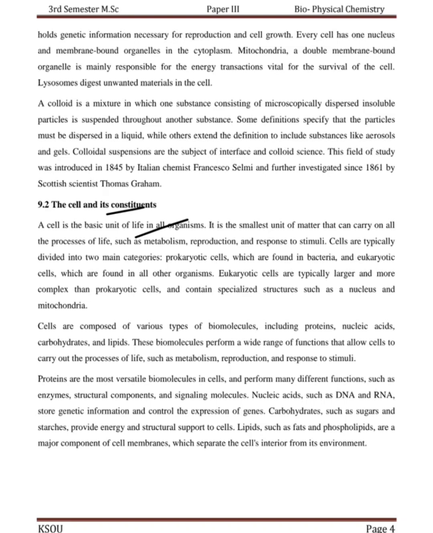Eukaryotic cells are typically larger and more complex, and contain special structures such as the nucleus and mitochondria. Cells are composed of various types of biomolecules, including proteins, nucleic acids, carbohydrates and lipids. These are present inside the cells.